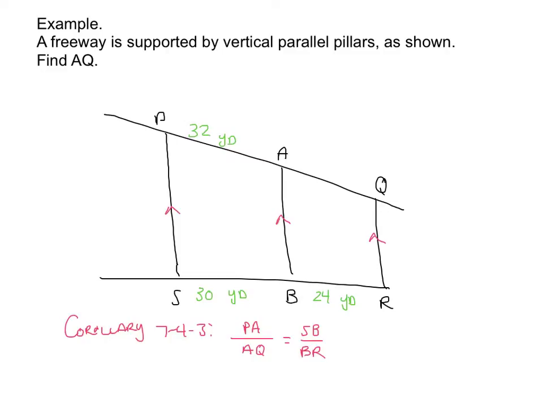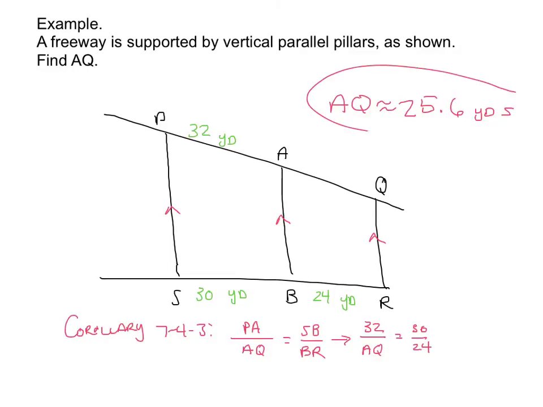Now we just need to start plugging in some values. So we have 32 over, well, we don't know what AQ is, so let's leave that as AQ, is equal to 30 over 24. And now we just need to simply cross multiply. Cross multiplying would give us AQ should be about 25.6 yards. And that's just solving a proportion as you know how to do by now.